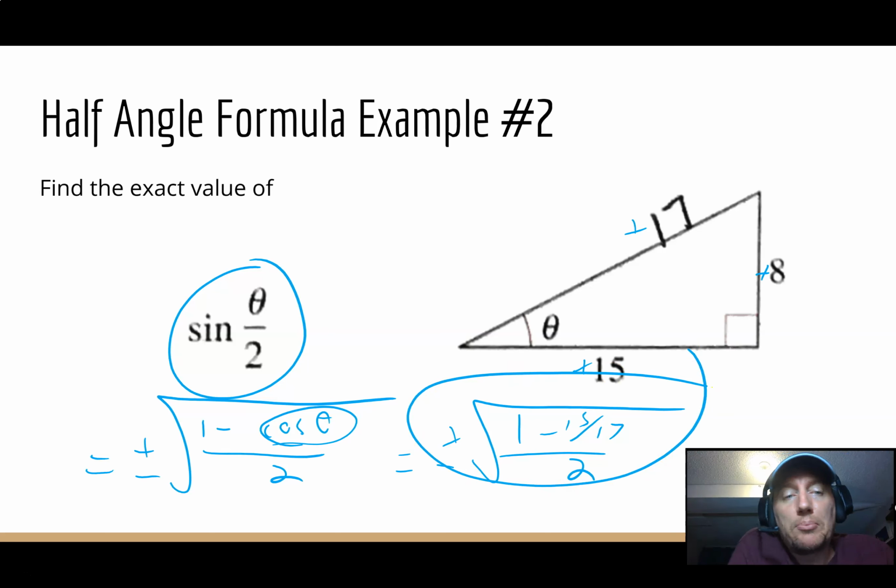Technically it should probably be positive since all these are positive, so we can assume first quadrant since it didn't tell us otherwise. But if it tells you the quadrants, be careful so that you know that you're using the right positive negatives. You could do a little bit of simplifying from there. Okay, not going to hurt you. So otherwise, that's really all you got to do there. That's the exact value. Let's try one more.